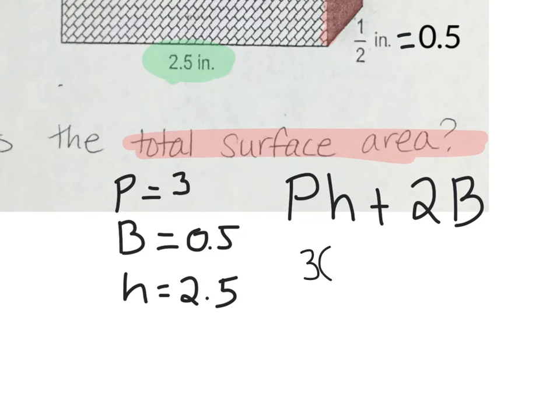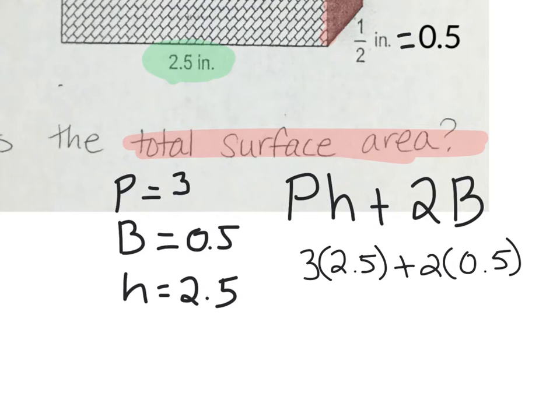3 times 0.5. No, not times 0.5, sorry. 3 times the height, which is 2.5. Plus 2 times the area, which is 0.5. So 3 times 2.5 plus 2 times 0.5.